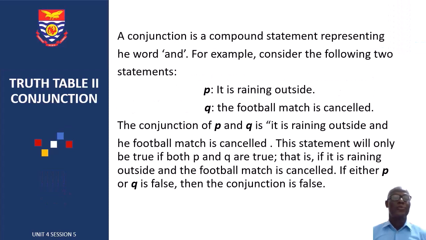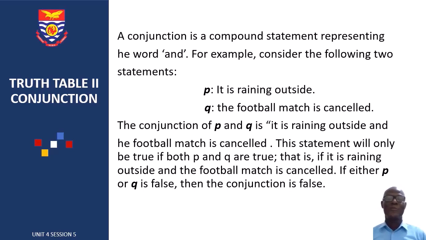Truth Table 2. Conjunction. A conjunction is a combination of two simple statements using the word and. For example, the first statement P can be Kofi is a student, and Q, Kofi is in Form 3.